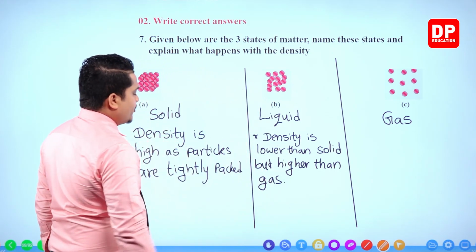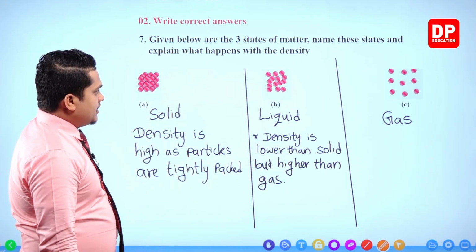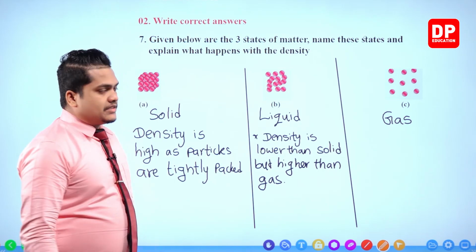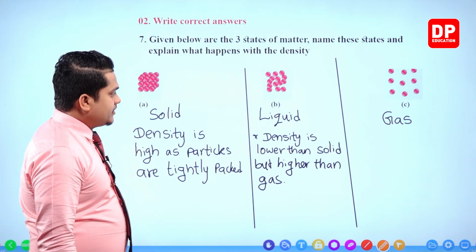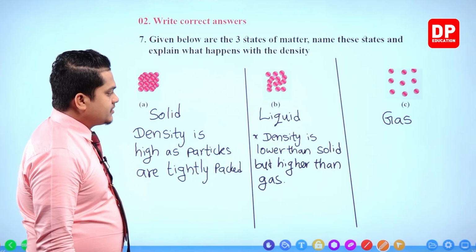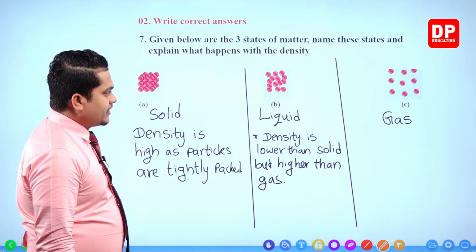So according to the particle arrangement, as you can see, the gap between particles is somewhat greater than solids, therefore density is lower than solid but higher than that of a gas.